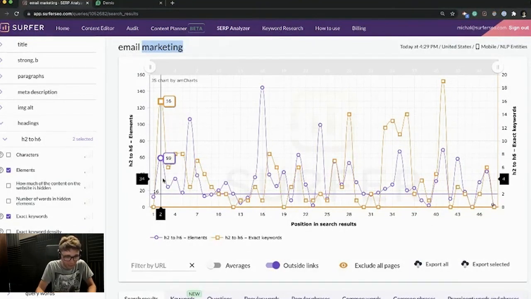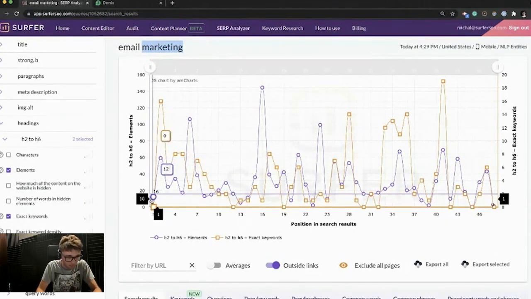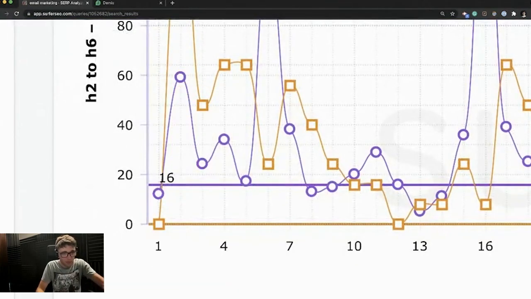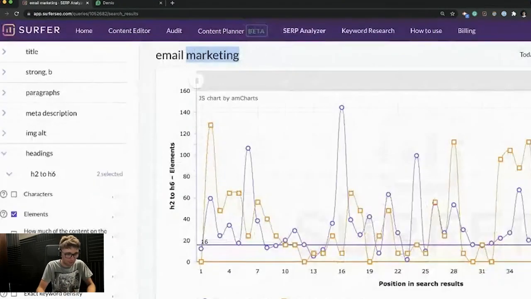While in our case, we only have 16 subheadings. You can see it on the purple line. I know that it's not the most visible thing on the screen right now, but okay, you see, we have 16 subheadings and 0 exact keywords in subheadings.